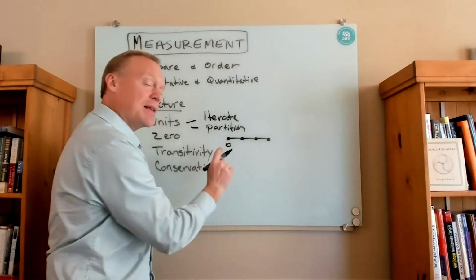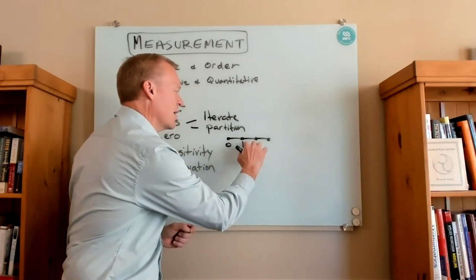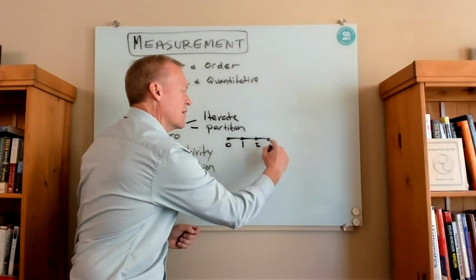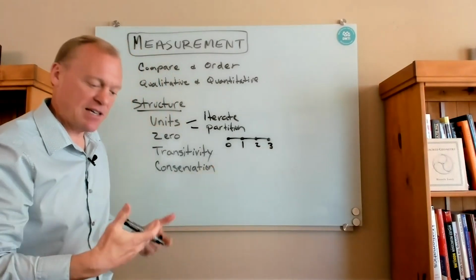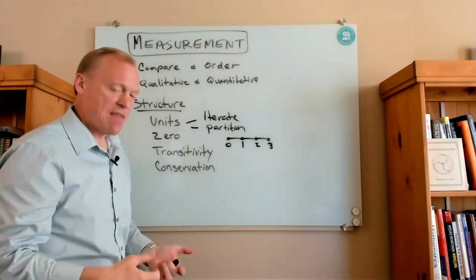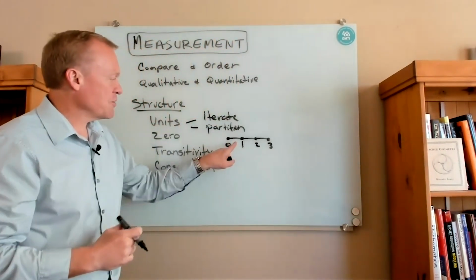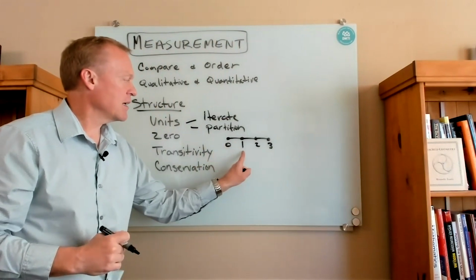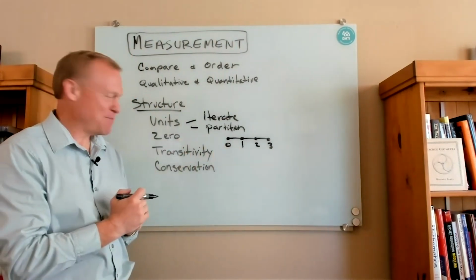But this is an accumulation of distance. So here we go from 0 to 1 to 2 to 3. So being able to label that becomes really important. Having all kids practice with steps. I'm at 0, and then when I get to 1 step, that's 1. So instead of just pointing, we're actually accumulating distance. So 0 becomes another one of those structural components.